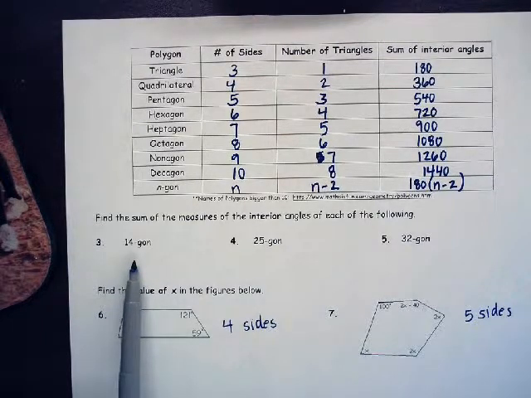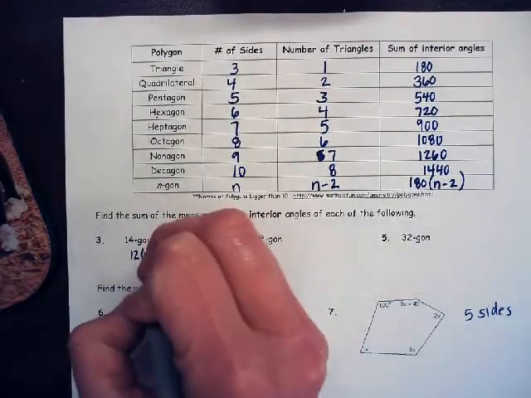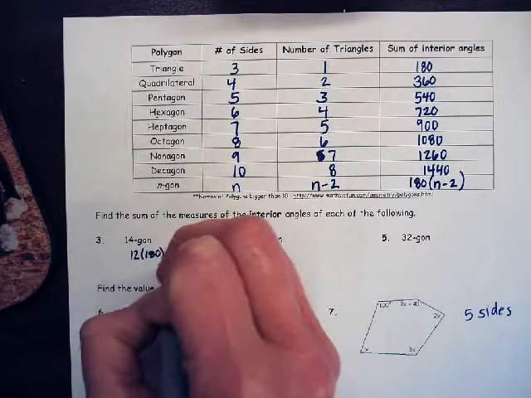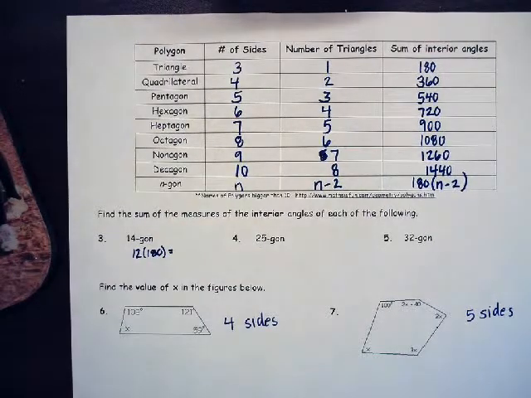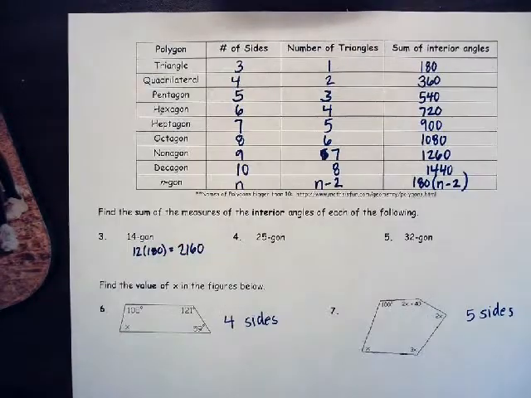Well, I'm going to subtract 2 from 14 and times it by 180. So that gives me 12 times 180. That gives me, you should do it on your calculator at the same time that I am, 2160.